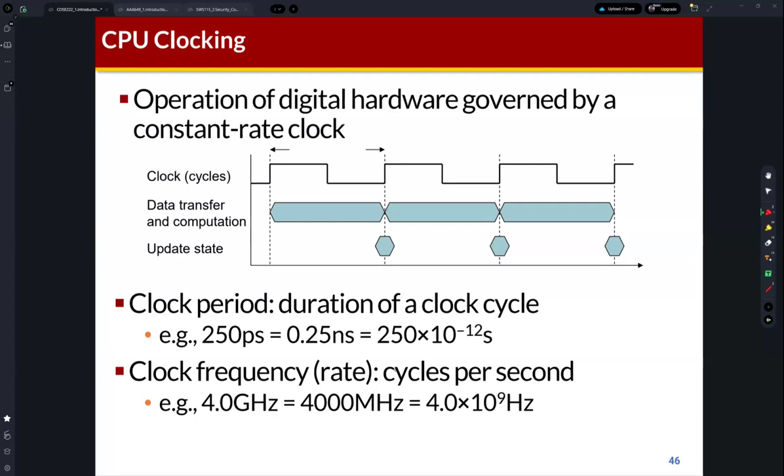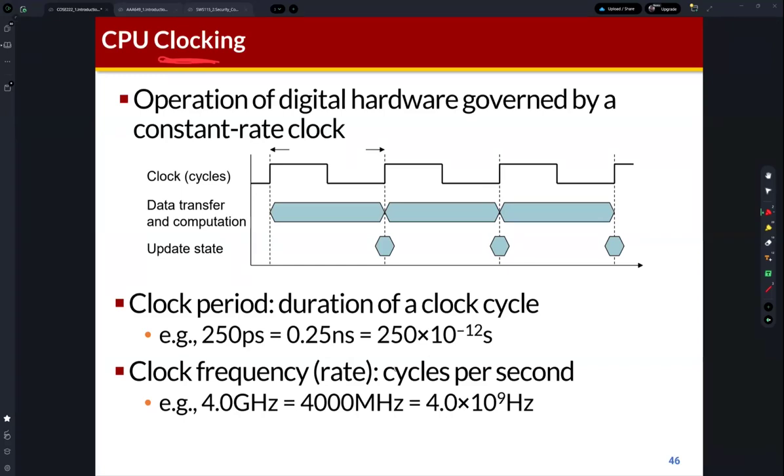So actually, a CPU, the processors are part of a digital system. It's a kind of digital system, and in order to run a digital system or digital logic, we require a clock signal.